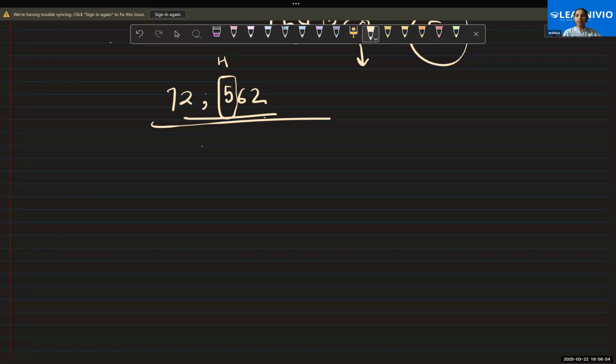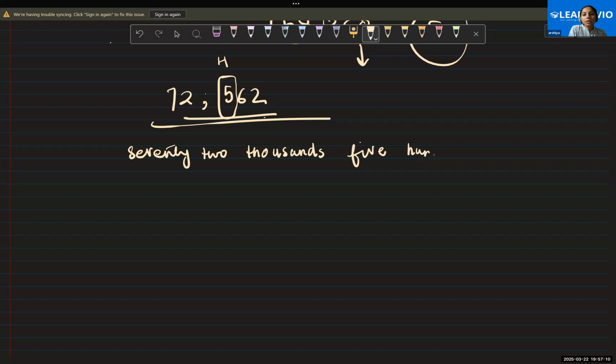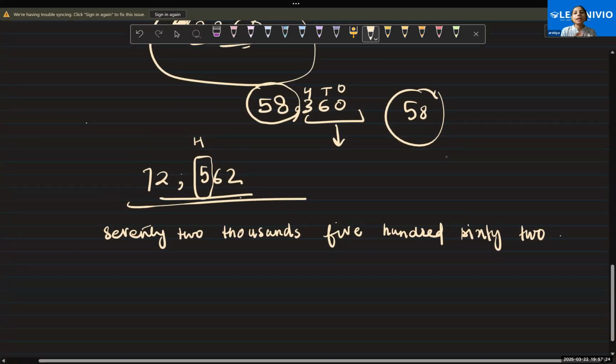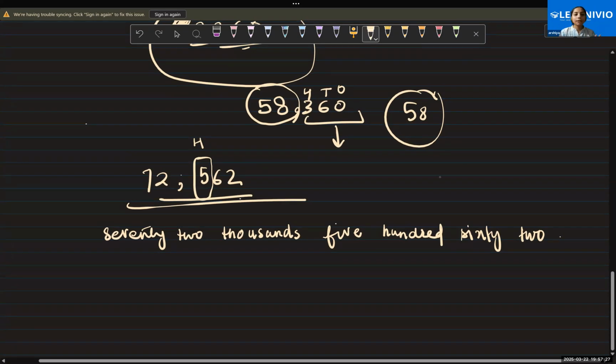Very good. Clear? So you will write it or say it as 72,000 562. So the numbers are going to be easy. You just need to understand till 1,000. After that, you'll be easily able to do it.